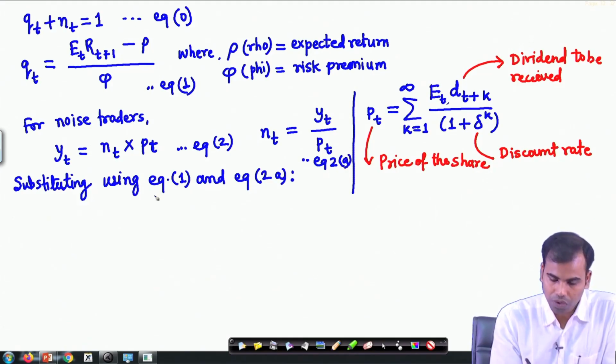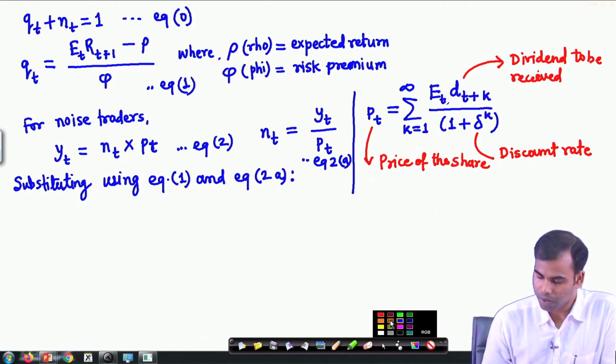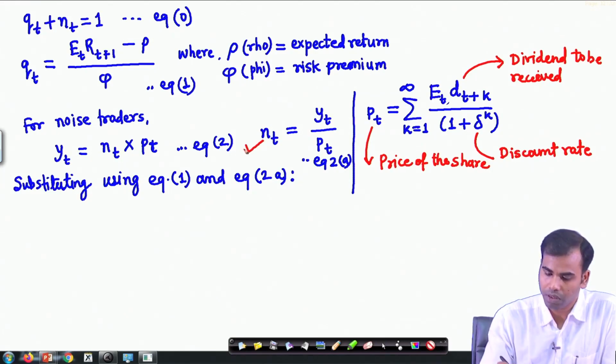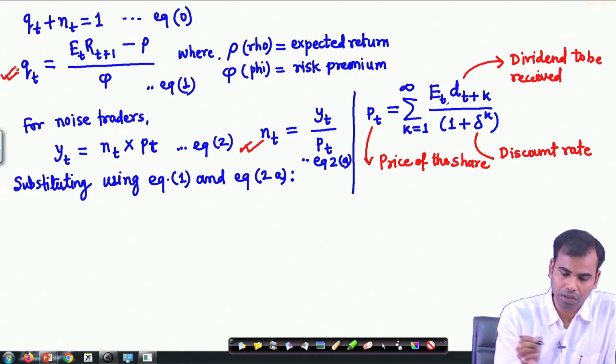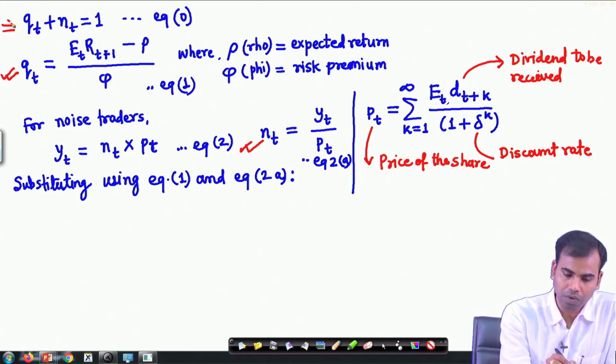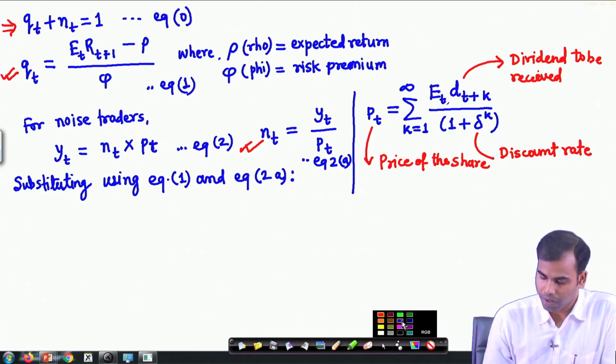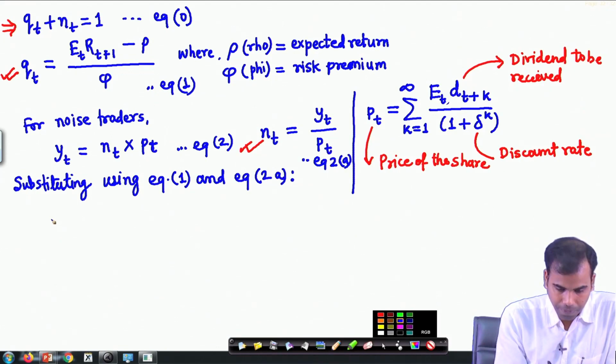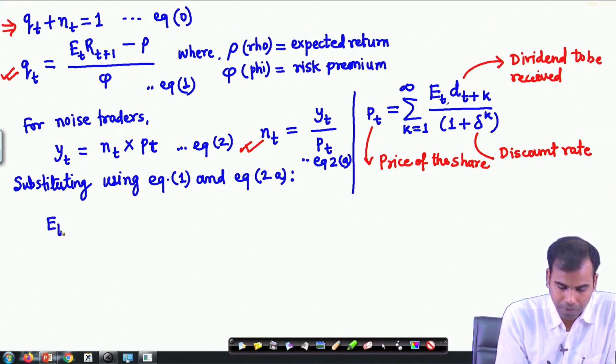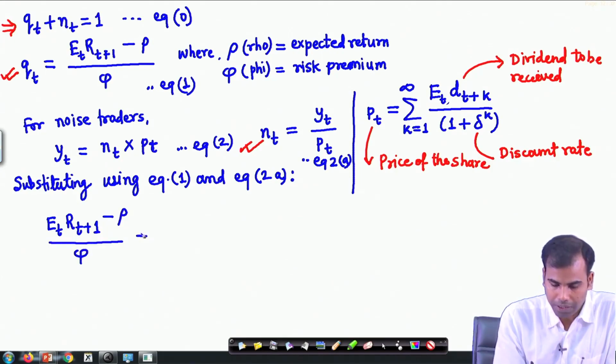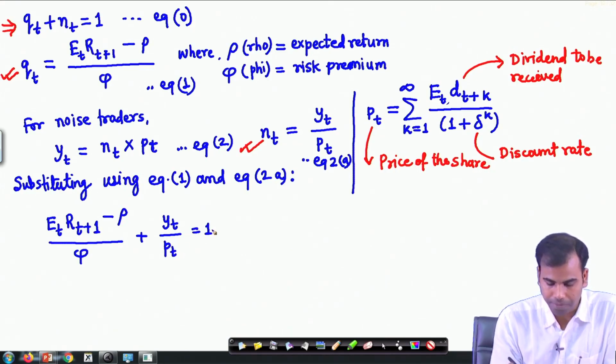If we substitute these two equations in this particular equation, we get the expectation of return at time t plus 1 minus rho divided by phi, plus Y t by P t, is equal to 1.